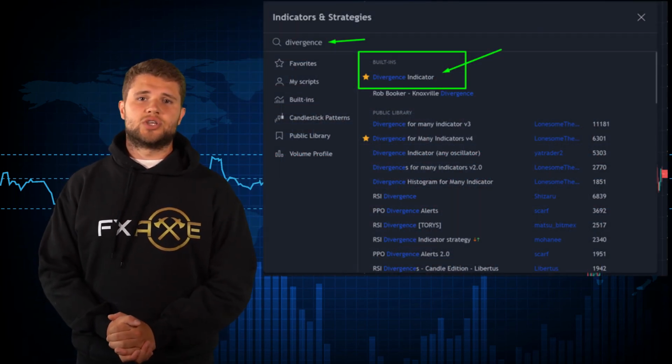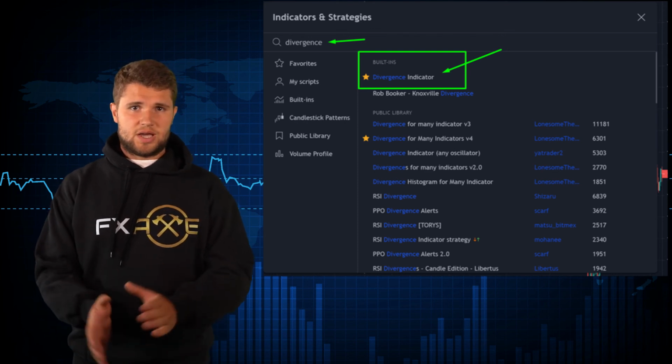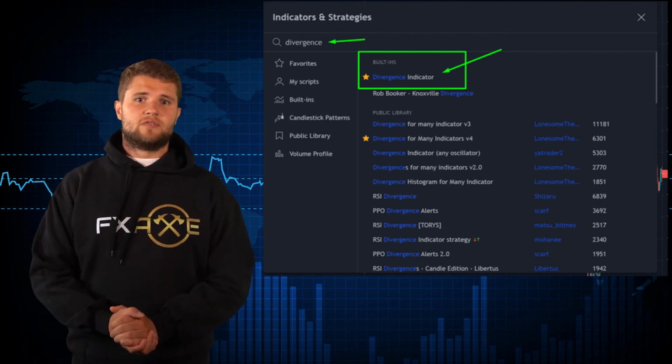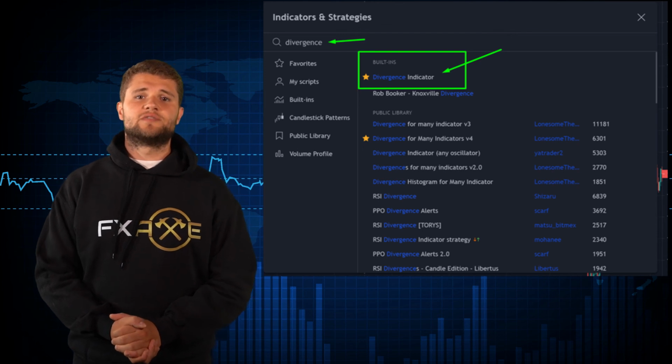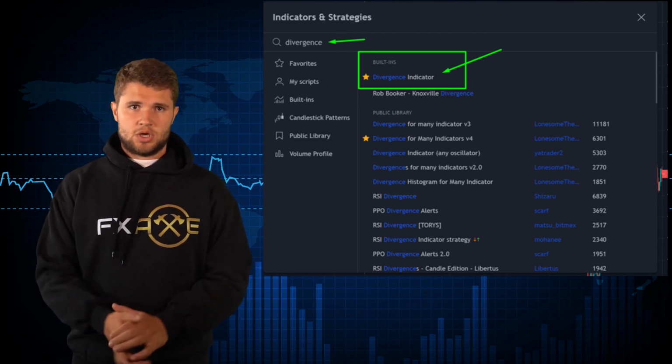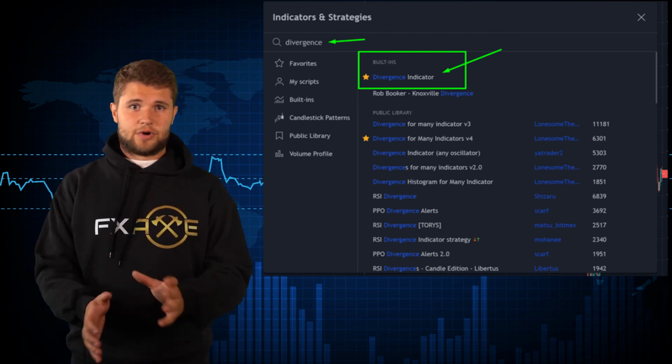I don't have time for that. Thankfully, there is a free indicator on TradingView simply called Divergence Indicator, which automatically highlights RSI divergences for you so you don't need to spend hours squinting at your screens trying to find levels of divergence. Using this indicator is a real time saver.